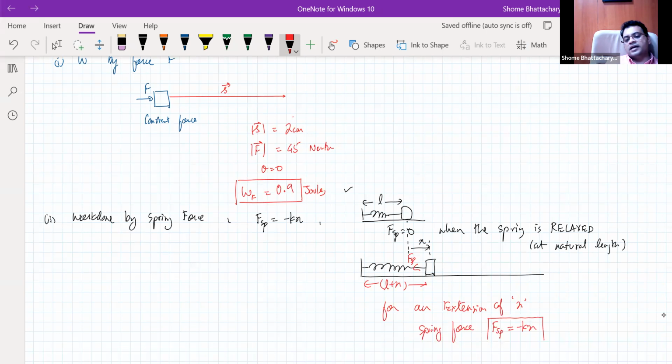Minus is just showing us that the direction of the spring force is opposite to the displacement, or opposite to the extension. Here k is called the spring constant, and it is a physical property of the spring.